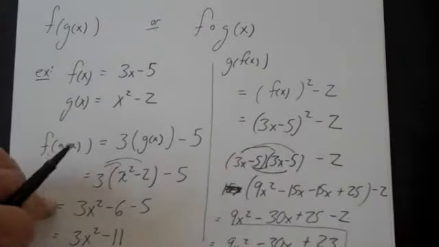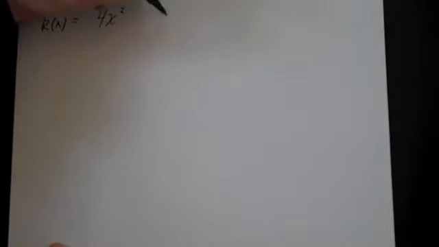Let's do another example. Let's have k of x equal to 4x squared, and let's let h of x equal 2x minus 3.